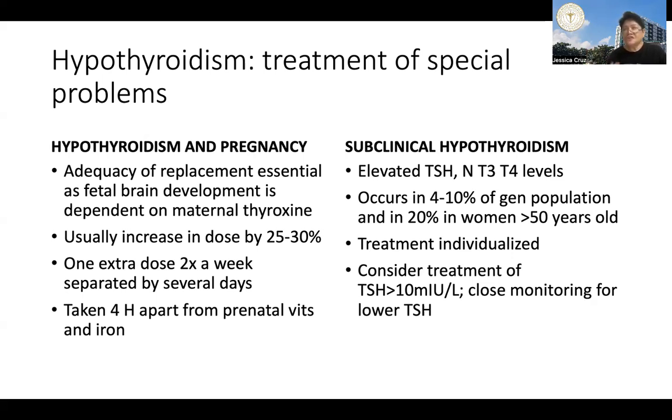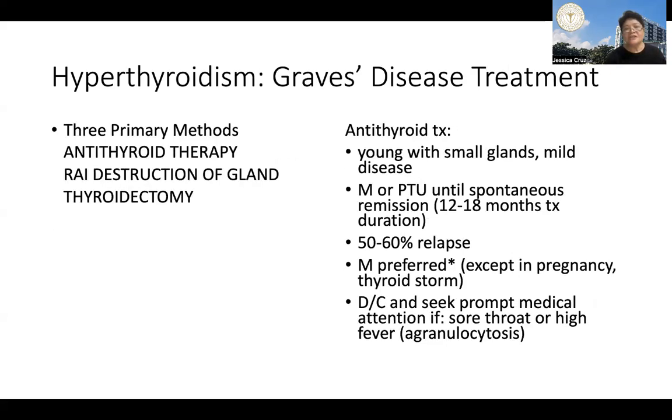So the treatment is individualized. It depends on whether symptoms are present or absent, but current recommendations will also strongly suggest that if the TSH already is beyond 10 milli-international units per liter, then it might be prudent to begin levothyroxine replacement and to closely monitor TSH. Okay.